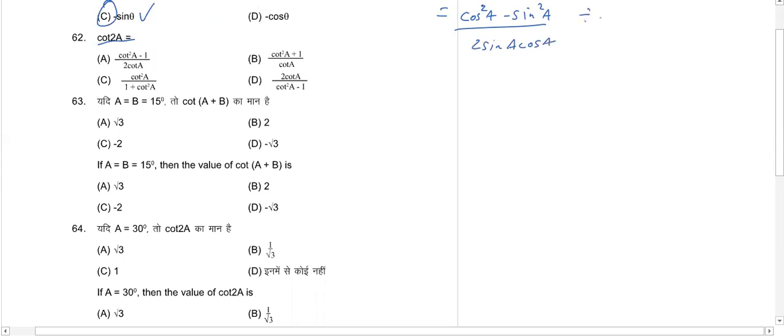If you want a cot there, you can divide both sides by sine squared a.